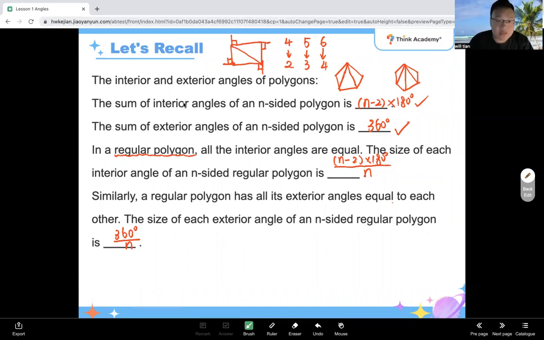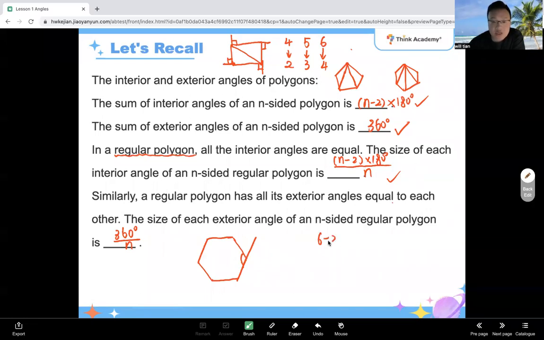For example, if you take a look at a regular hexagon, I'm going to draw one for you. This is a regular hexagon. And we know that the interior angle and the exterior angle add up to 180 degrees, right? It's a straight line. If you use this formula to get one of the interior angles, let's say n equals 6, because a hexagon has 6 sides.